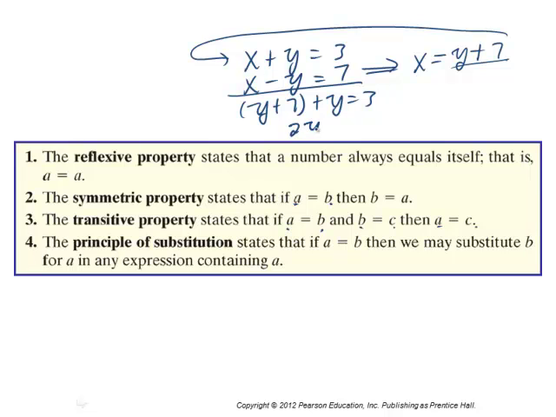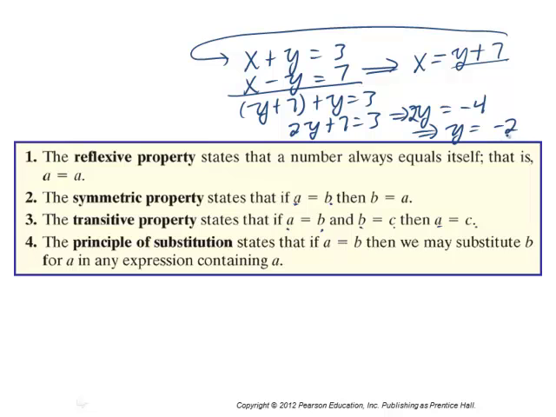You have 2y plus 7 is equal to 3. That means that 2y, if you subtract 7 from both sides, 3 minus 7 is a negative 4. And then finally divide both sides by 2. So this principle of substitution comes in handy, especially when you are solving equations.